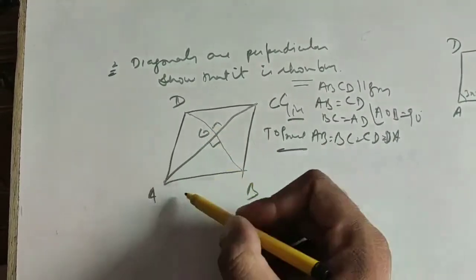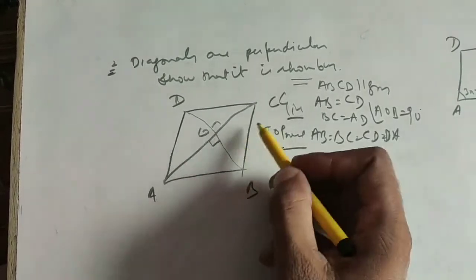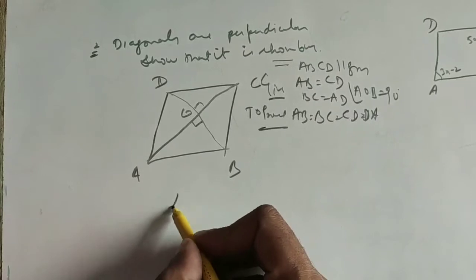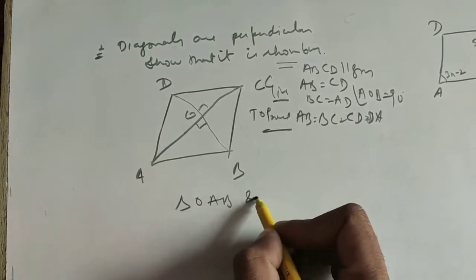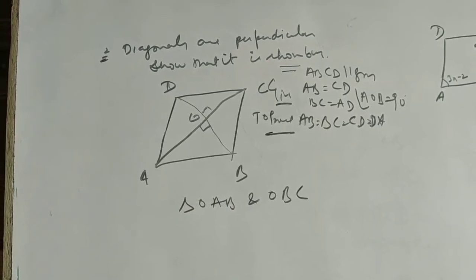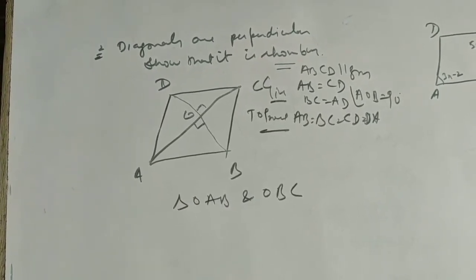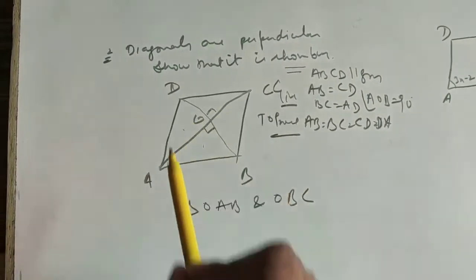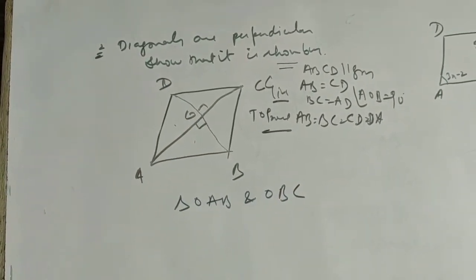This point is O. AOB, DOC, BOC and AOD are all 90 degrees. So to prove this, we need to prove that triangles OAB and OBC are congruent. If they are congruent, then by CPCT we get AB equal to BC. Any two adjacent triangles can be taken.